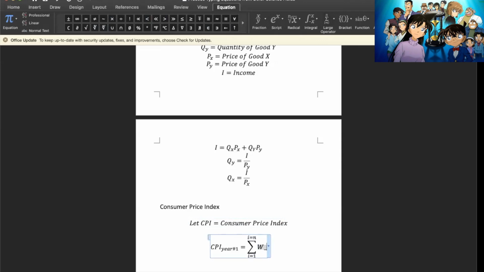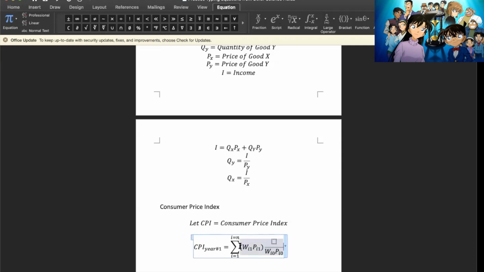Is simply defined by I1, W of I1, P subscript of I1. All of this being divided by W I0, and then P of I0.